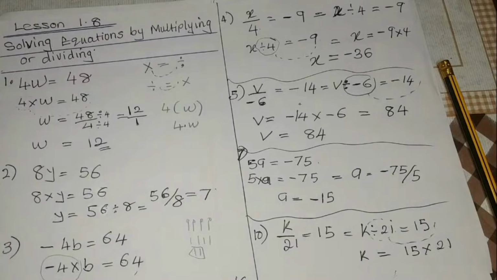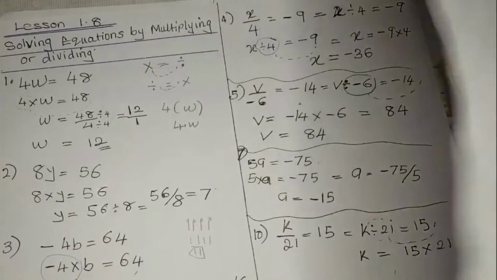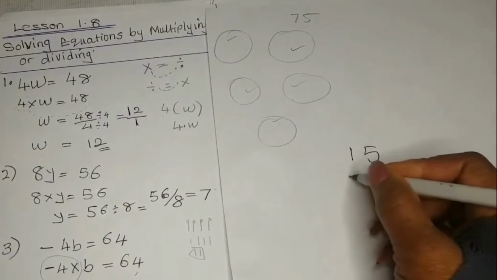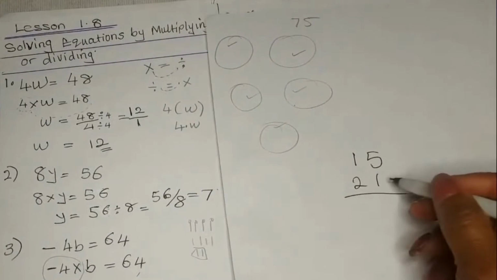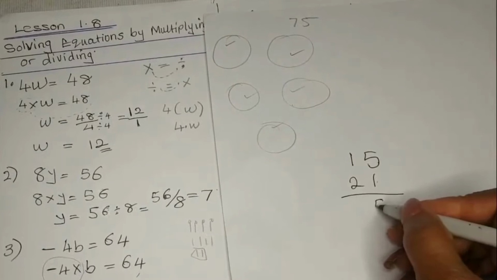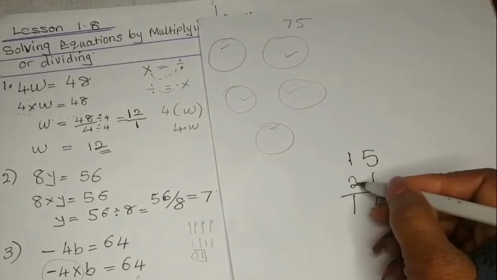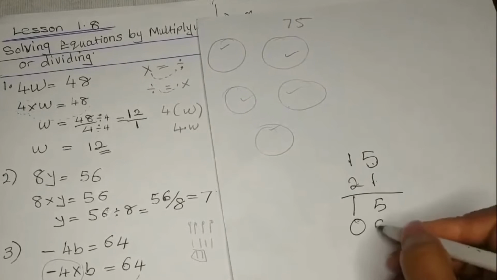Okay, so 15 times 21. You can do it like this: 15 multiplied by 21. 5 times 1, 5. 1 times 1, 1. And 2 times 5, 10.